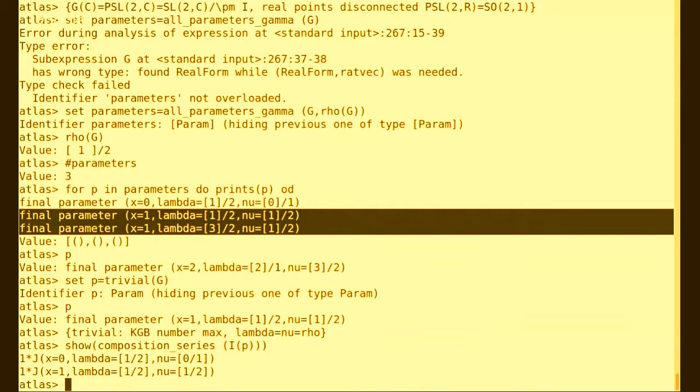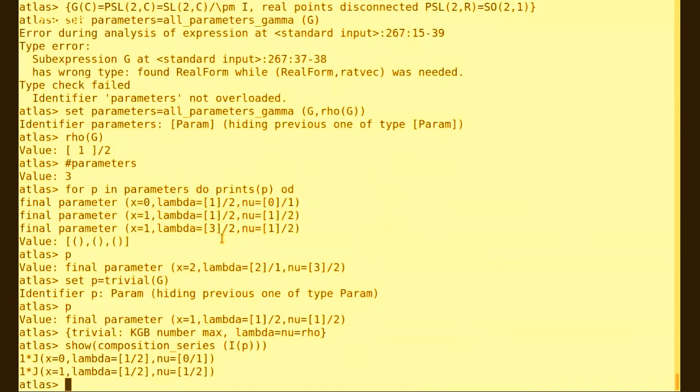All right. Well, that's interesting. What is this other fellow, parameter x equal to 1? What are these 2 principal series of PSL2? Well, PSL2 is disconnected, and these principal series, there's also the sign representation.